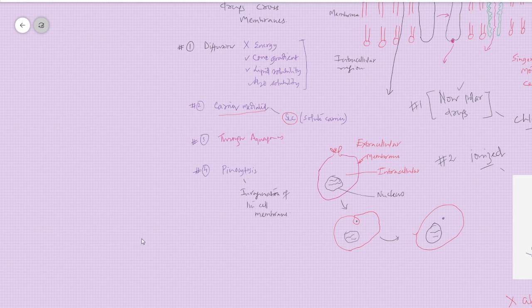We need to remember that this solute carrier is of two types. It comes in two flavors. The one is organic cation transporters, and the other one would be organic anion transporters.